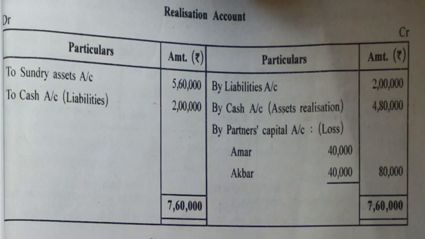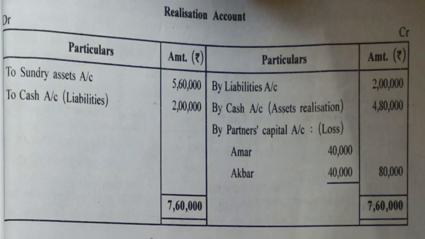And the remaining loss here is 80,000. So now the journal entry for payment of liabilities. Liabilities are of 2 lakh and nothing is instructed about how much is the amount paid towards liabilities. So the amount is 2 lakh again.